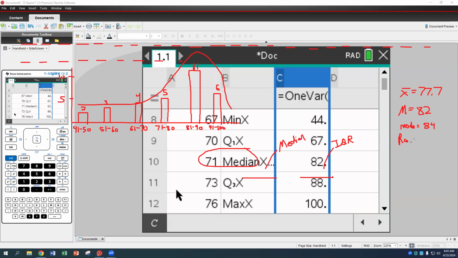Range is largest minus smallest, so that was 100 minus 44, which is 56. Interquartile range is going to be 88 minus 67, which is 21.